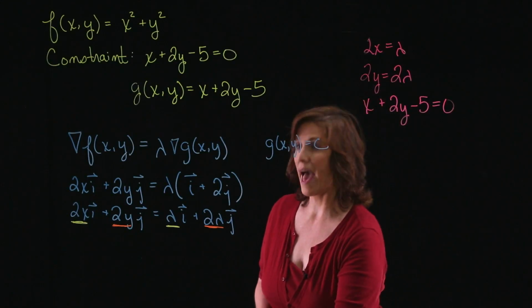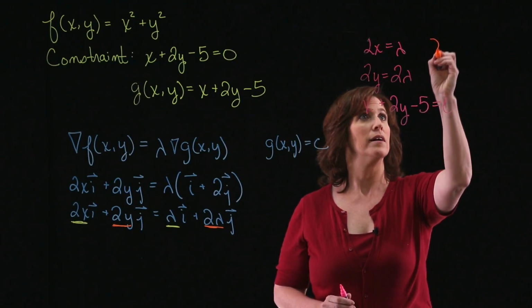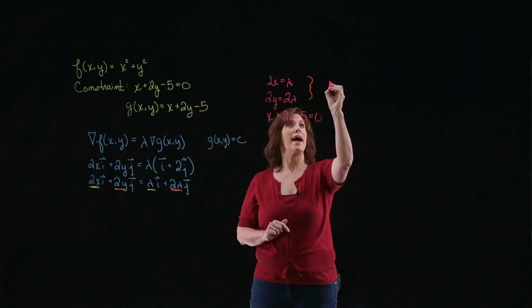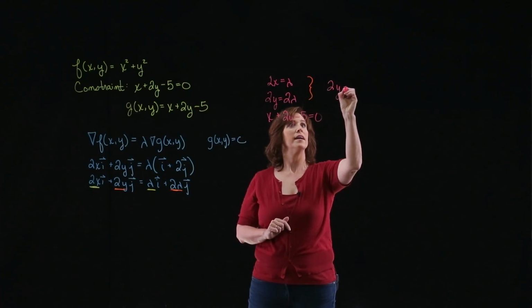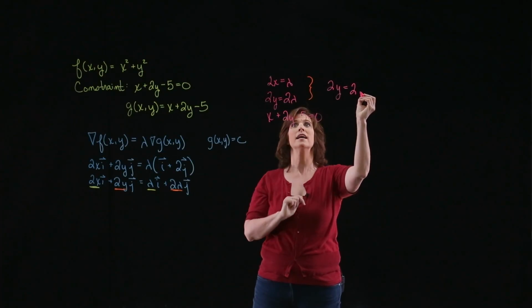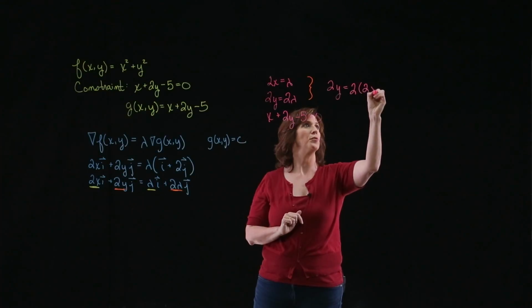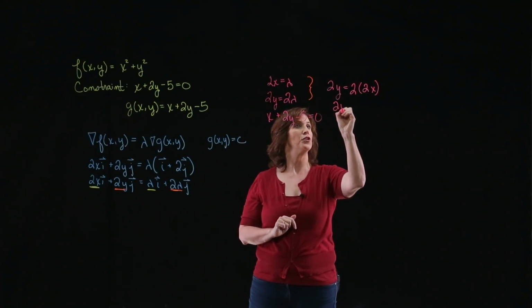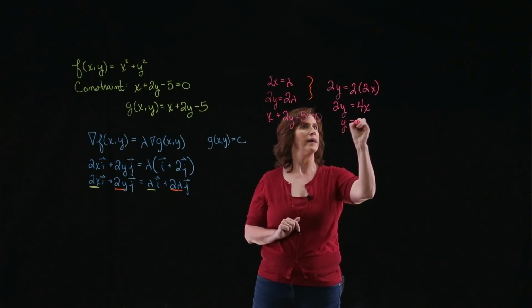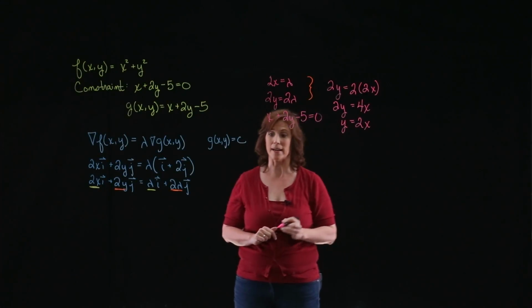If I look at these two together, I can say that 2y is going to equal 2 times lambda. But according to my first equation, lambda is the same thing as 2x. So that means that 2y equals 4x, and that y is the same thing as 2x.